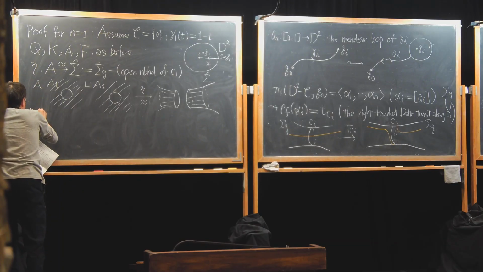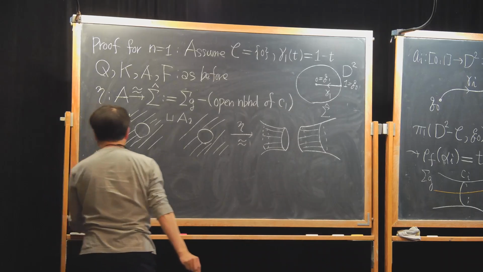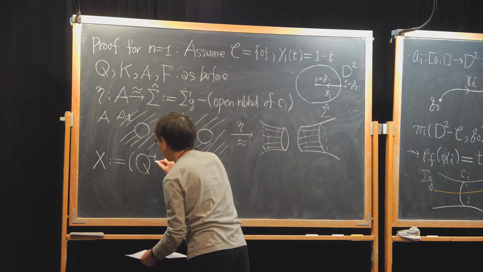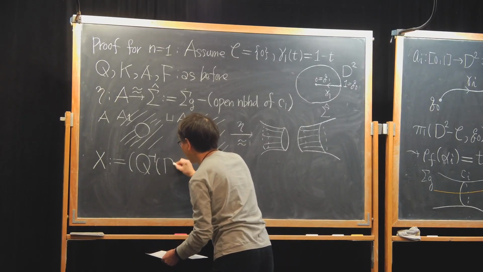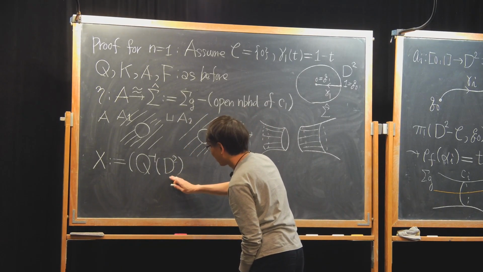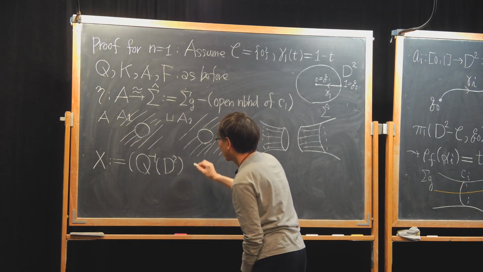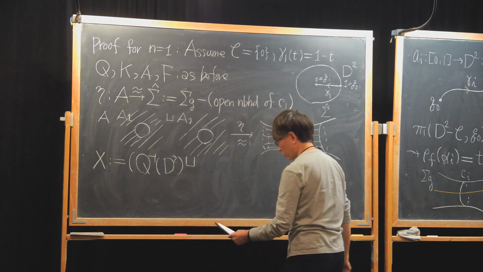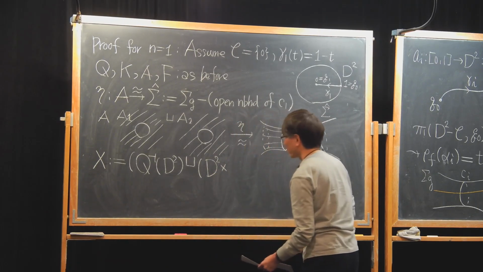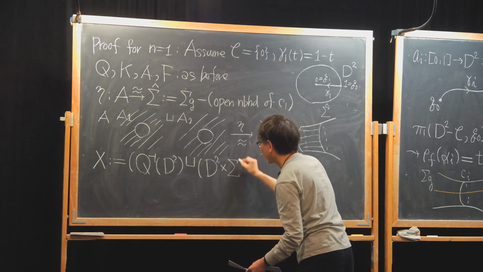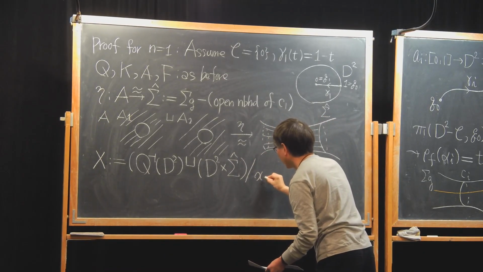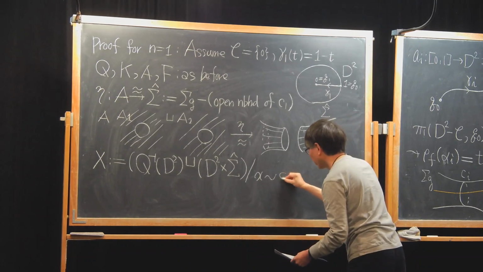Then we can define a four-manifold X as the preimage of D2, disjoint union D2 times Q hat, divided by some equivalence relation.